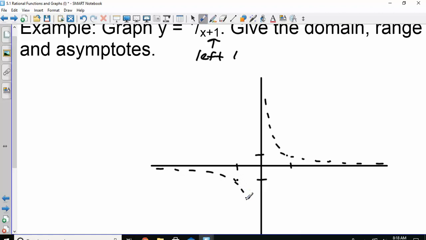When you move that to the left, you have to move your asymptotes with it. So we had a vertical asymptote at 0. So when I move it to the left, that vertical asymptote is now where? Negative 1, right? If you go left 1.